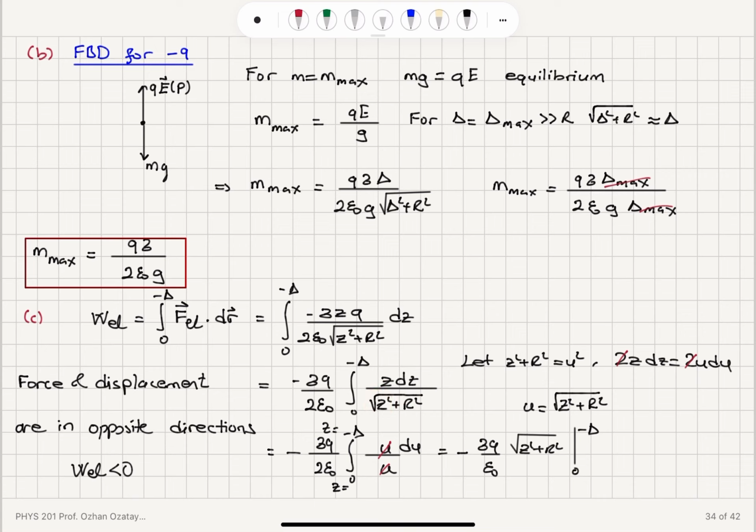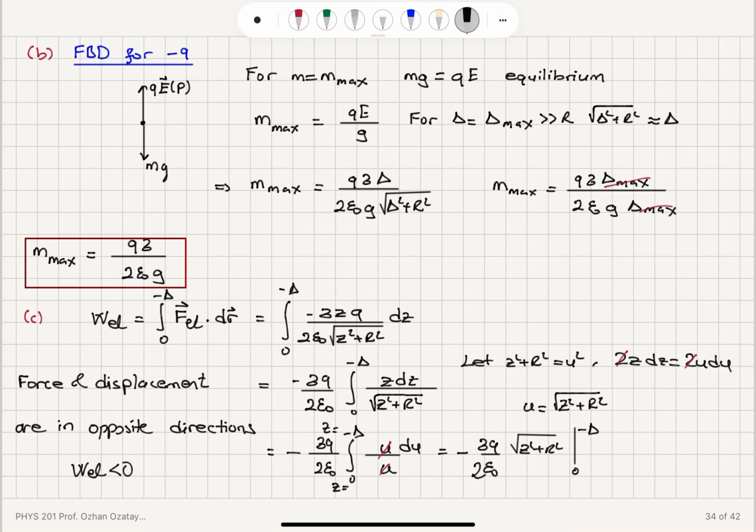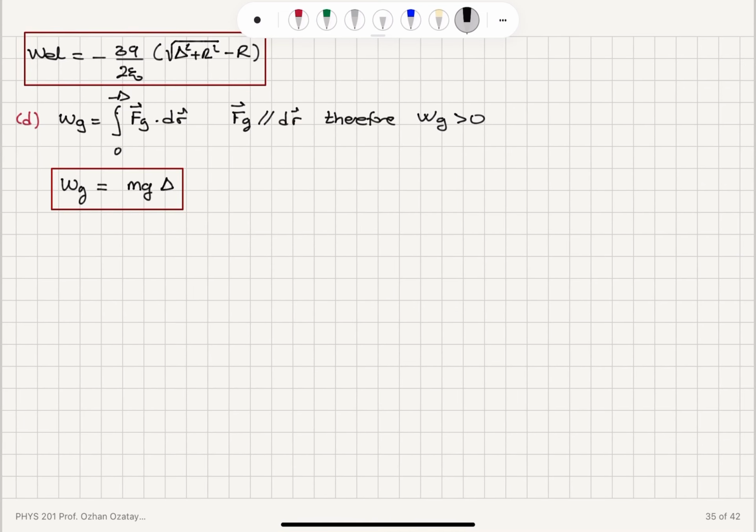We see that this is u du divided by u, which gives us the integral of du, which is u. So minus sigma q over 2 epsilon 0 times the square root of z squared plus r squared, evaluated between 0 and minus delta, and that gives us minus sigma q over 2 epsilon 0 times the square root of delta squared plus r squared minus r.